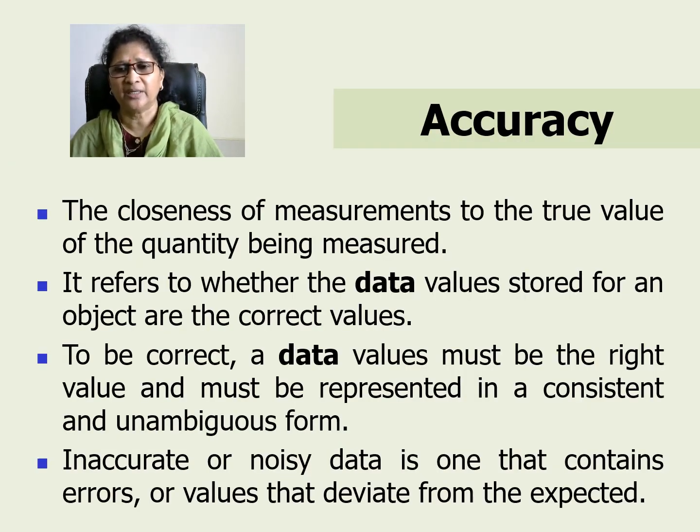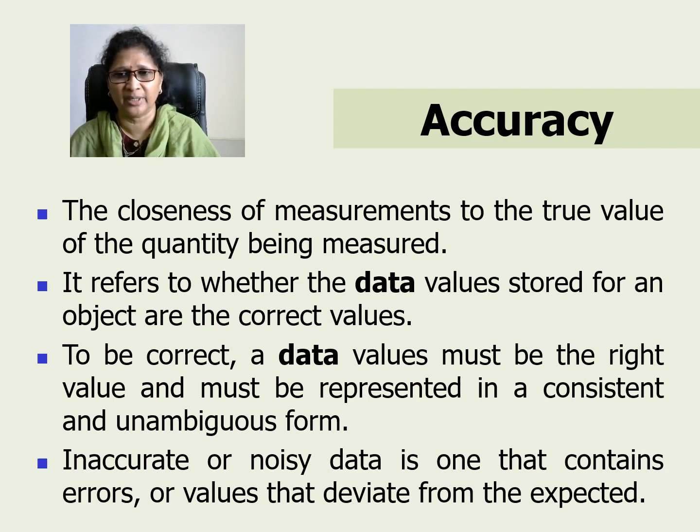Accuracy. We are well aware of the term accuracy. Inaccurate data is sometimes also referred to as noisy data. We just learned that a negative value for salary, or a numeric value for a field like name, is referred to as inaccurate data. Consistency and accuracy, you must remember, are tied very strongly. So let us define the term accuracy.